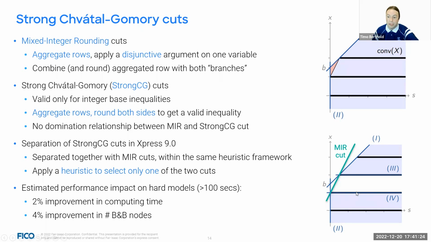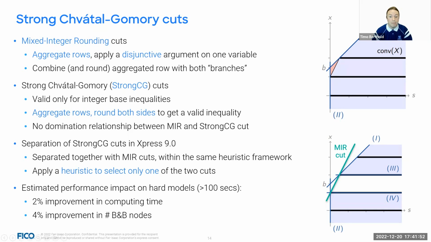And as you know, simply due to integrality, one of them has to hold. So that means that you can combine the green inequality here, the MIR cut, either from 1 and 3 or from 2 and 4. And since this green inequality holds for both parts of the disjunction, it is a valid inequality for the overall problem. And this is the MIR cut.